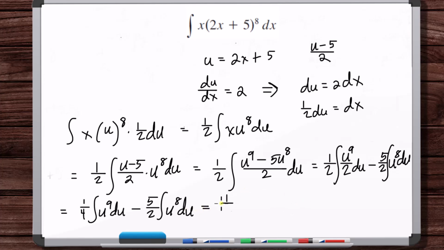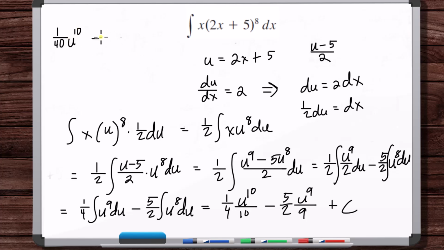Okay, there we go. So 1/4 u to the 10th over 10 minus 5/2 u to the 9th over 9 plus c. So this is 1/40 u to the 10 minus 5/18 u to the 9th plus c.